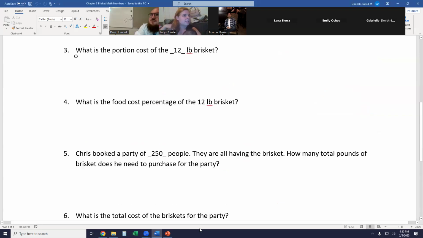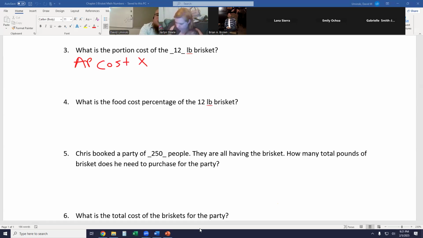So what is the portion cost of the 12-pound brisket? Now there's a long convoluted way that you can do this, but I'm going to show you the easy way. What is the portion cost for the brisket? You want to take the AP cost times the brisket weight.